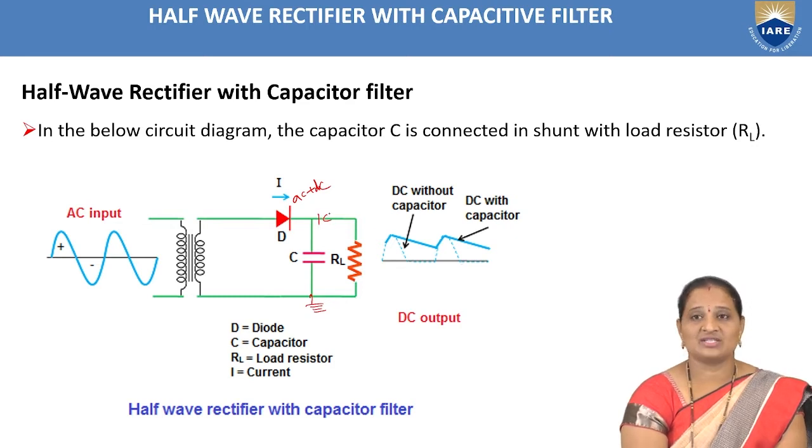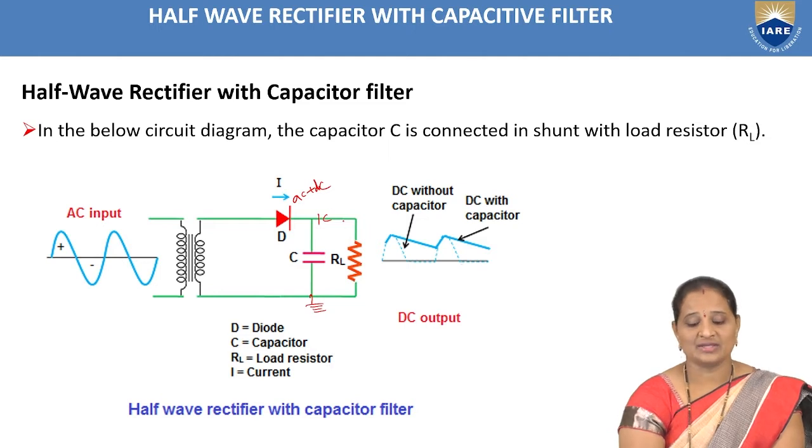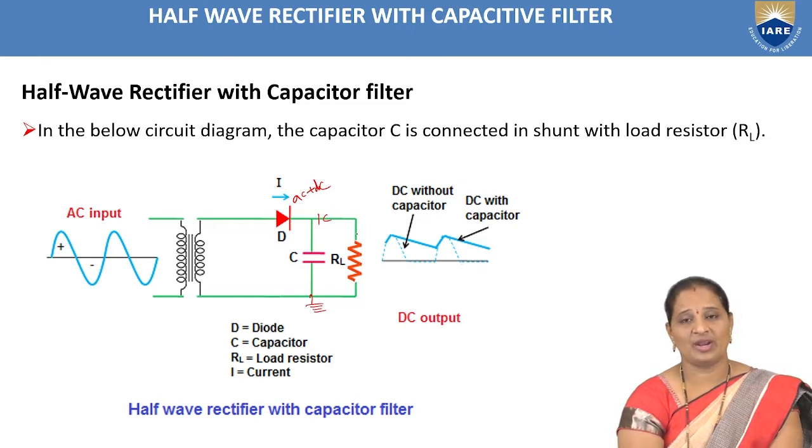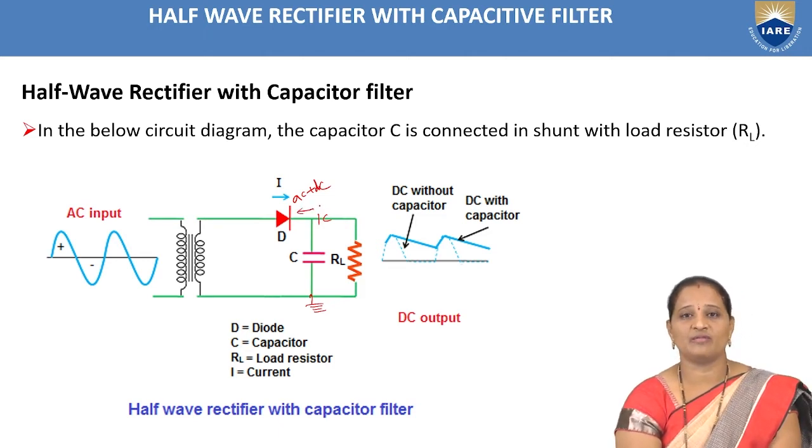If I connect the capacitor in series with the load resistor, as a capacitor allows the AC component and blocks the DC component, DC components will all be blocked at the input of the capacitor, and no DC component reaches the load resistor. So that is why we should not connect the capacitor in series with the load resistor.